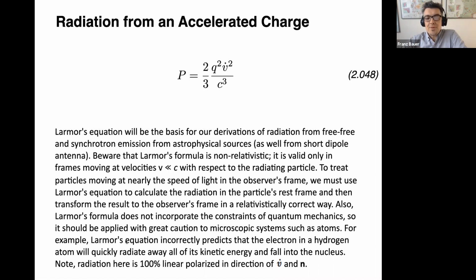For instance, Larmor's equation would very incorrectly predict how an electron behaves within an atom, right? The electron is moving around in an orbit around the atom. So it's accelerating, even though its average velocity might not change much.